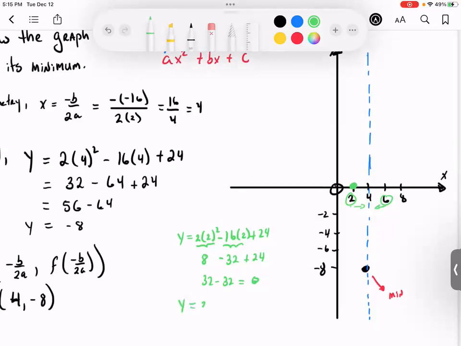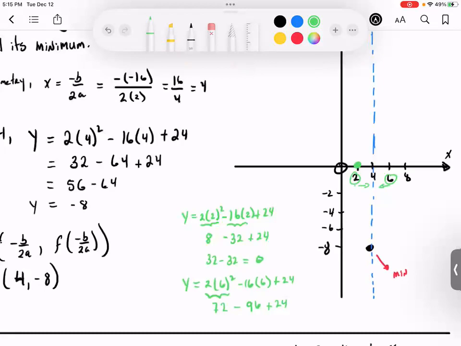We have 2 times 6 squared minus 16 times 6 plus 24. What is 6 squared? That's 36, and 36 times 2 is 72. This will be negative 96 in the middle, and then 24. So 72 and 24 is 96, and 96 minus 96 is 0. So it also worked.